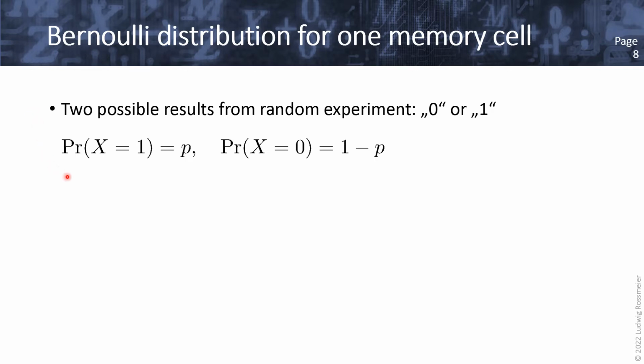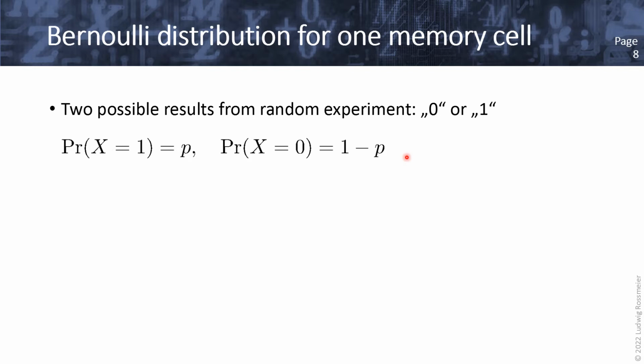Then we have certain probabilities involved. The probability for the random variable being 1 is called P, and the probability for the random variable being 0 is 1 minus P. 1 minus P, therefore, because both events together are always the case.